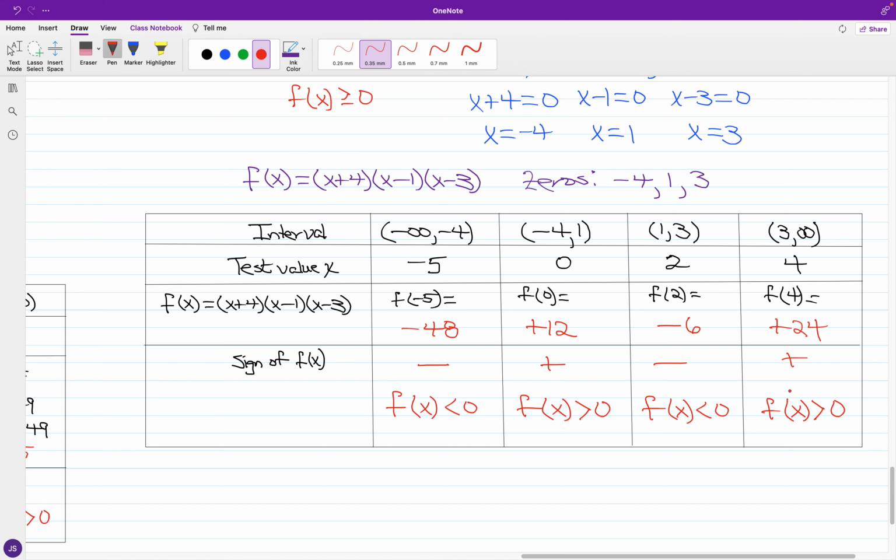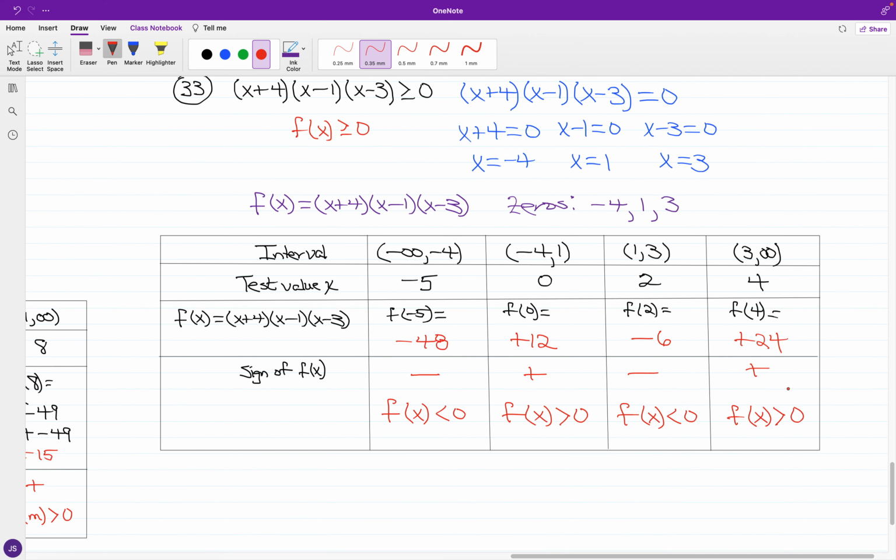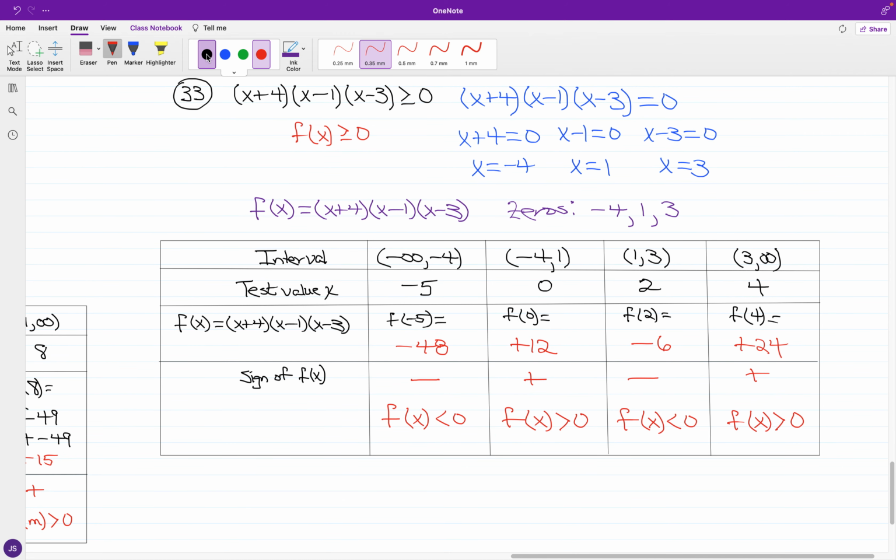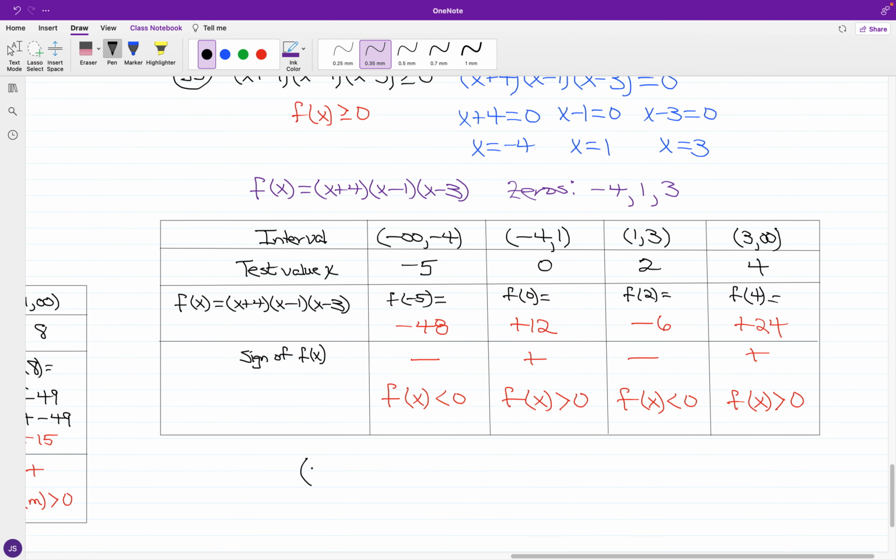Okay, and so we have our inequality in number 33. Again we have x plus 4 times x minus 1 times x minus 3 is greater than or equal to 0.